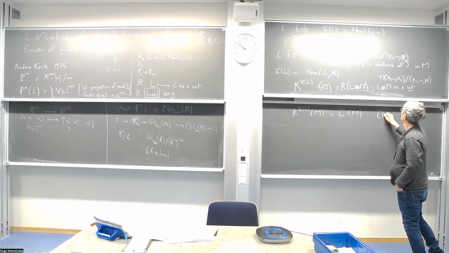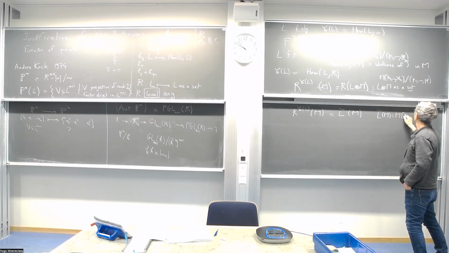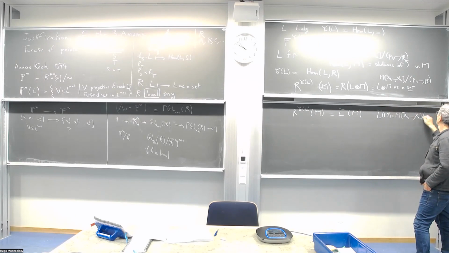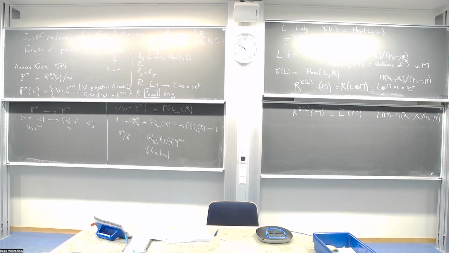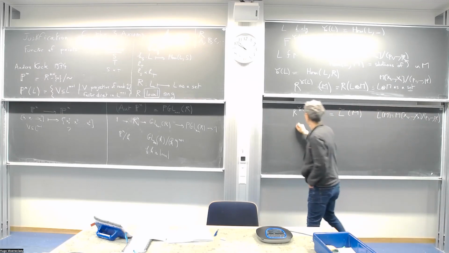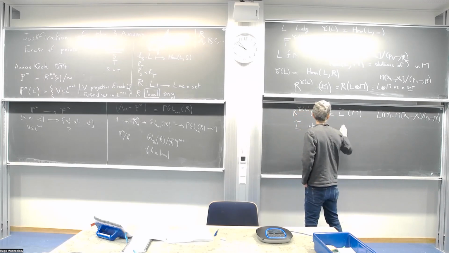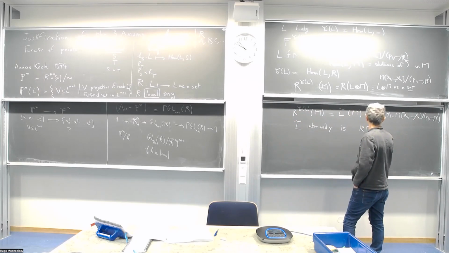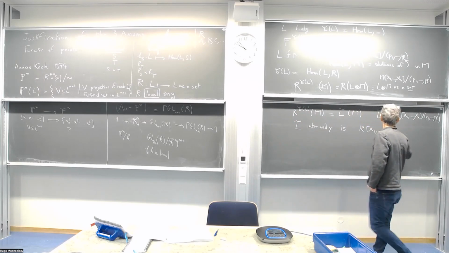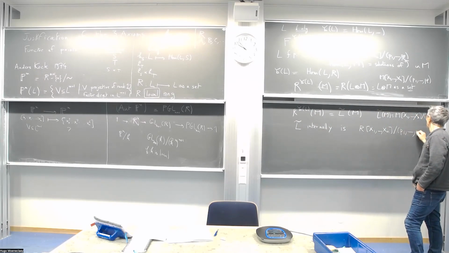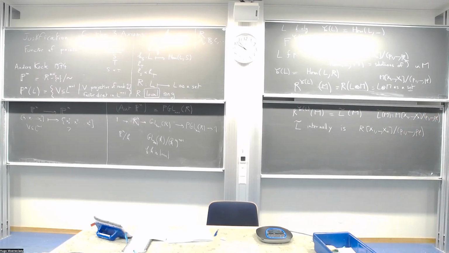L tilde of M is L of X minus M. But internally, L tilde is R of X1 ... FM. So that's the essence of why this duality principle follows, and it holds in general.